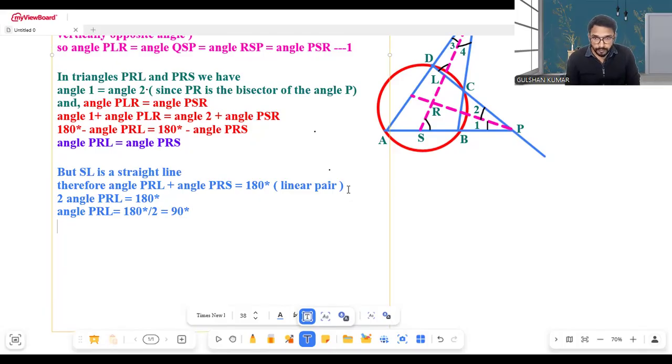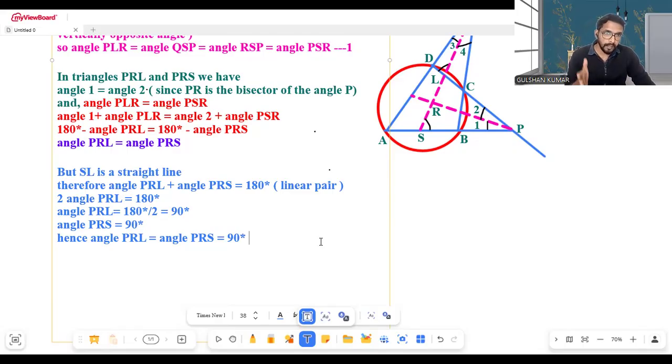So this proves that angle PRS also equals 90 degrees. Hence angle PRL equals angle PRS equals 90 degrees. We have proved that PR is perpendicular to LS.